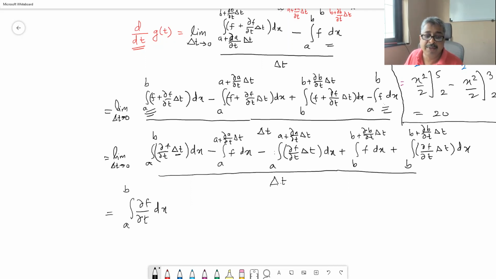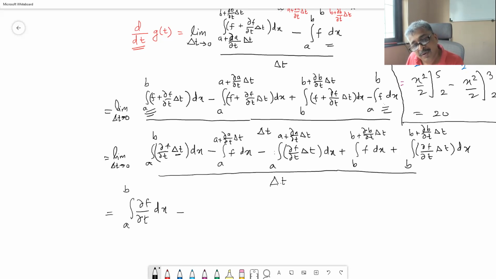This term, after taking the limit, will survive. Now what will happen to this? Limit delta t tends to 0. You are supposed to evaluate this limit divided by delta t. This limit will become 0 as delta t tends to 0. You are practically evaluating between a to a, and therefore numerator will be 0 and denominator is also 0. Therefore we cannot ignore this term, and this term will survive as delta t tends to 0.